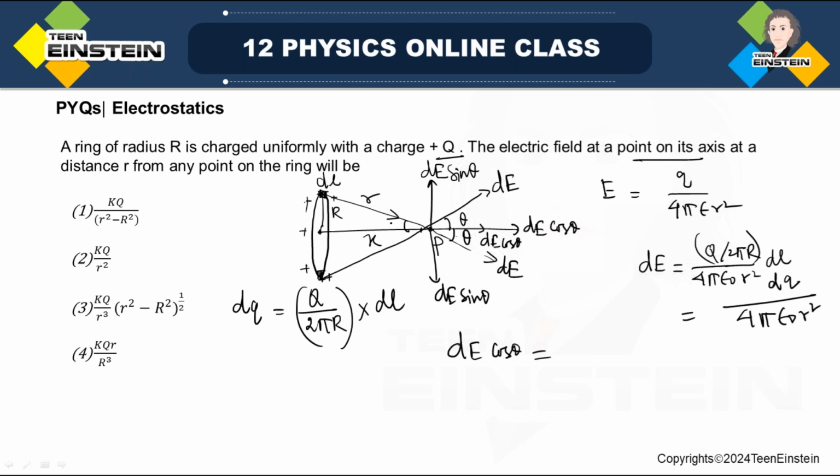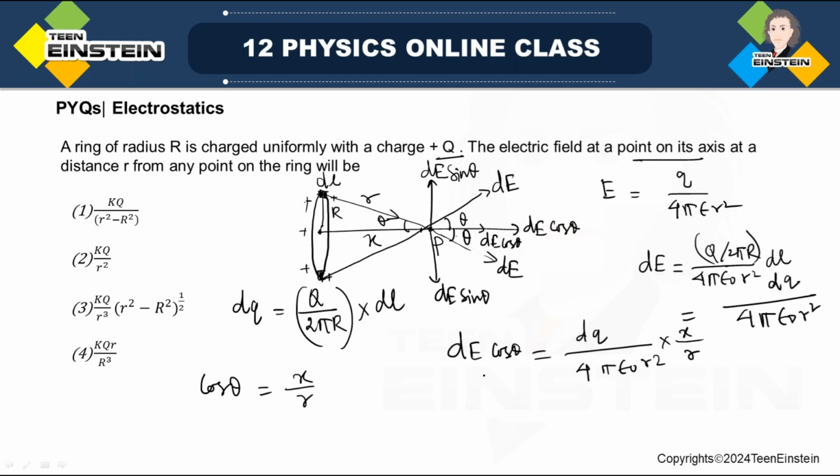If this is theta, this also will be theta. Cos theta is x by r, so this can be written as dq by 4 pi epsilon naught r square into x by r.